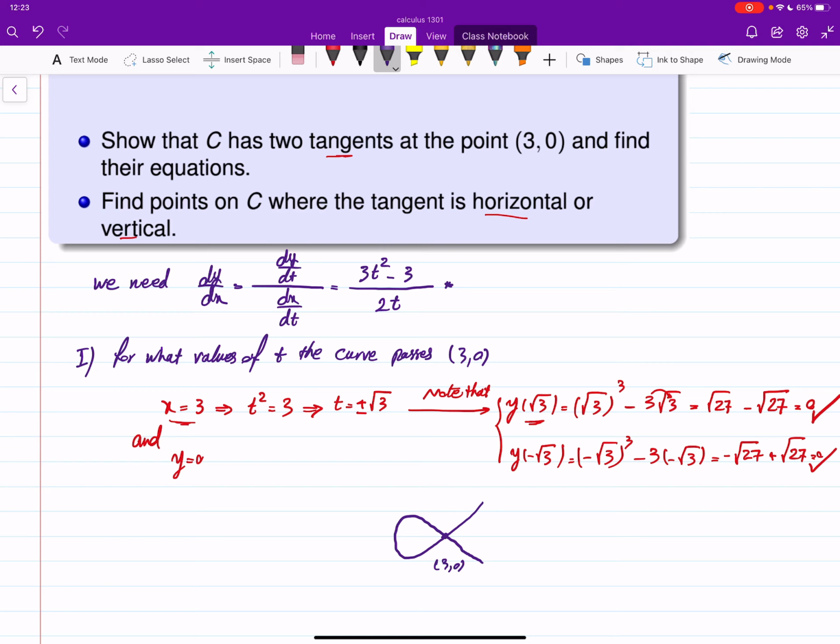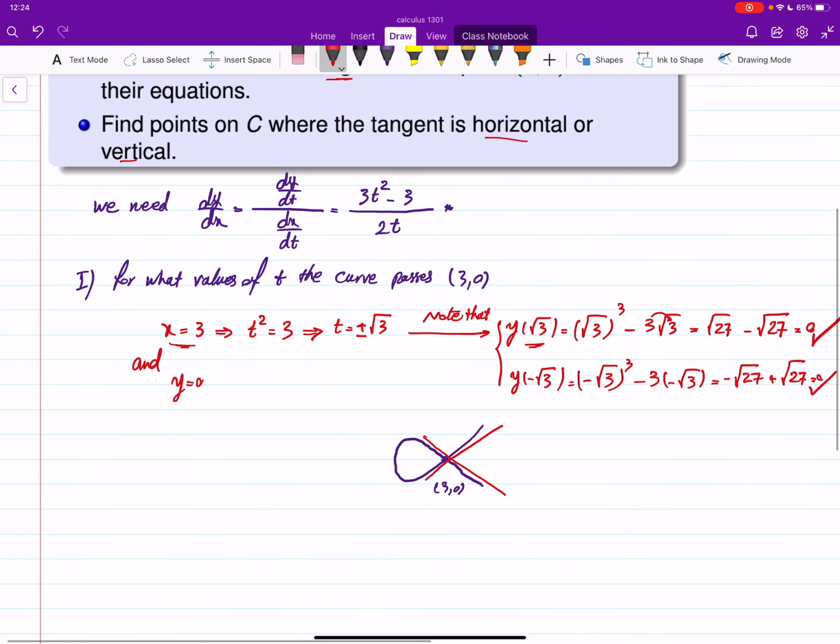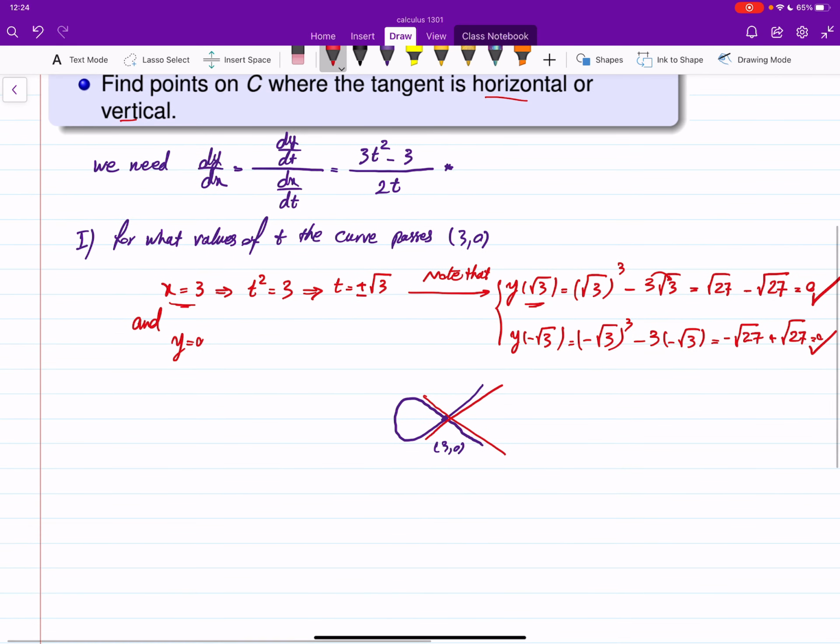So the parametric curve will pass that point twice. So it will basically intersect itself. That means that for one t, you will have this tangent line, and for another t, you will find that tangent line. We will see at the end of this computation which one gives which. Okay, so now we have the point.